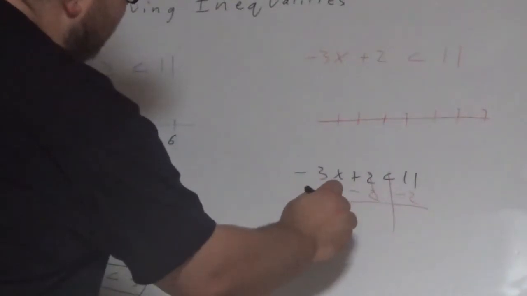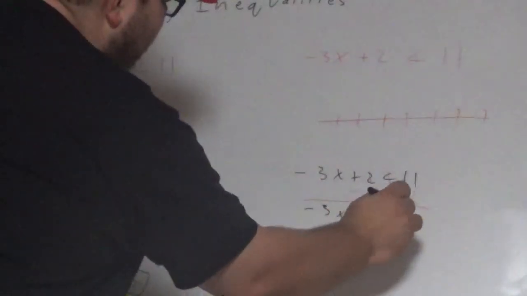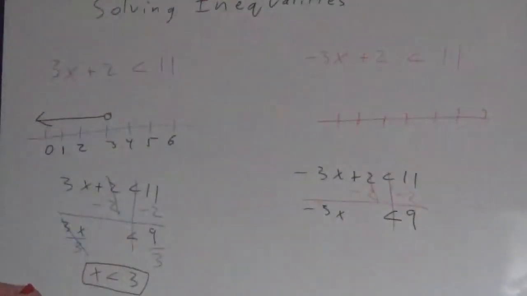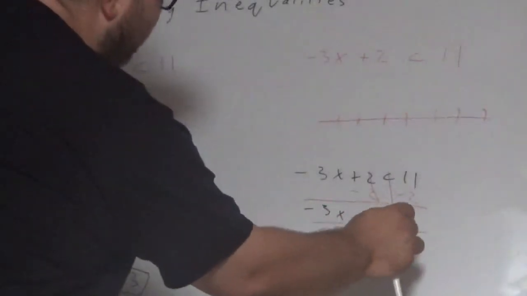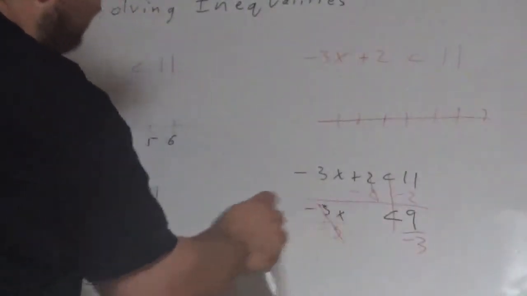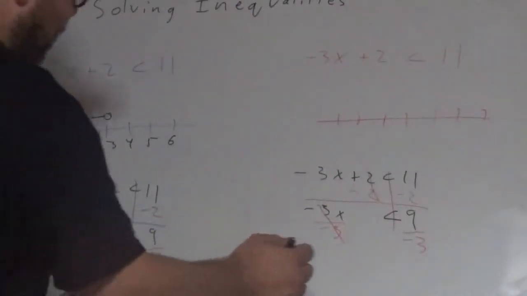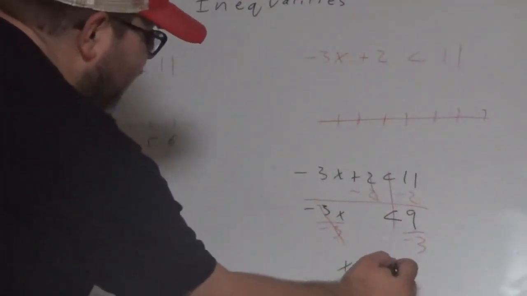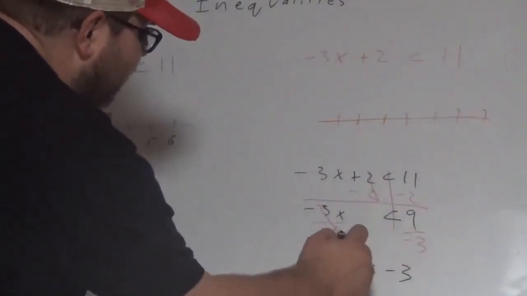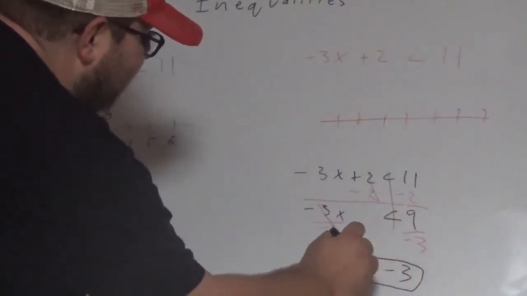Instead of 3x, we have negative 3x is less than 9. Now, before we divided by 3, now we divide by negative 3. Pretty simple. We have x is 9 divided by negative 3, which is negative 3. So we have x is less than negative 3, right?